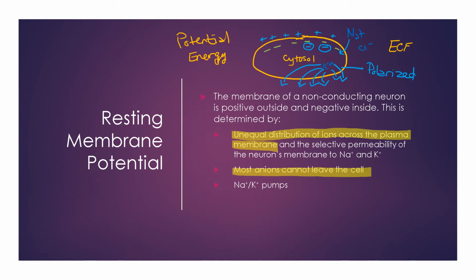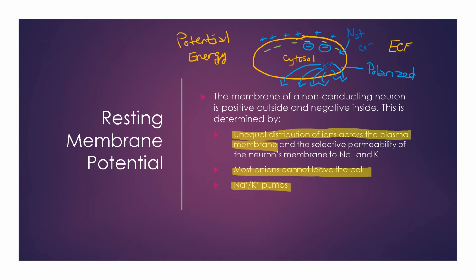Then our third major factor contributing to this resting membrane potential is the nature of the sodium-potassium ATPase pumps. Membrane permeability to sodium is very low, because there are very few sodium leak channels, but sodium still diffuses into the cell every now and then.